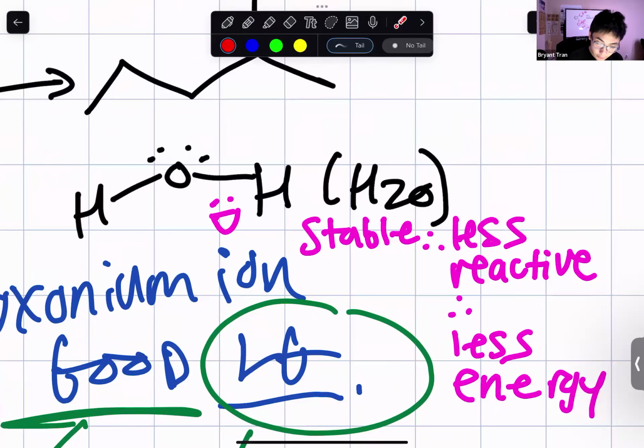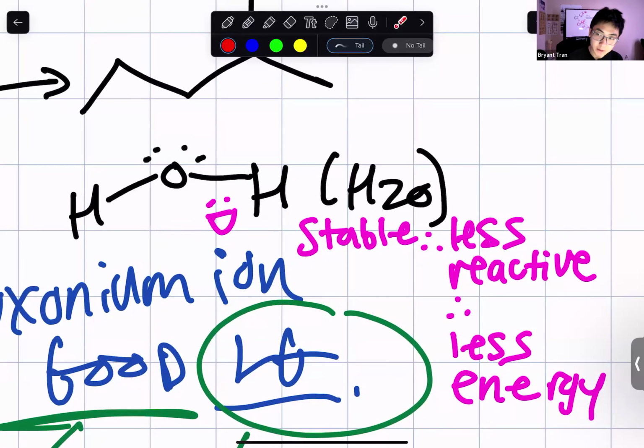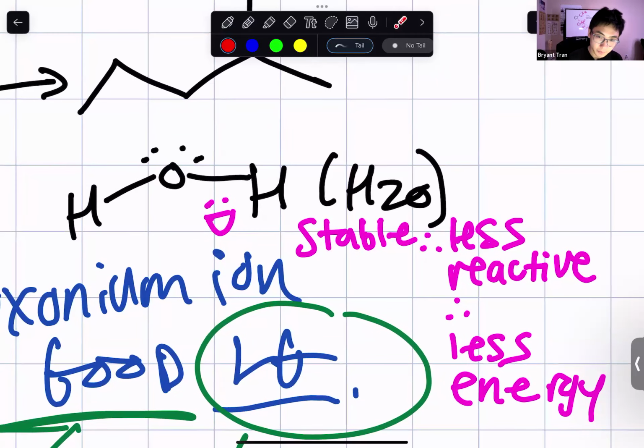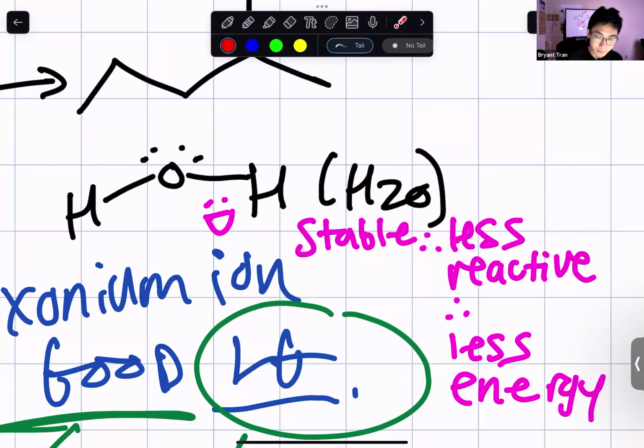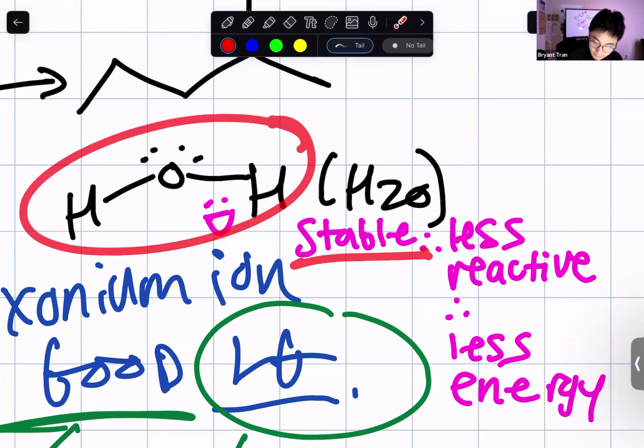And ranking questions, if she tells you to determine which molecule is more stable versus which molecule has more energy, that's different because stability and energy are inversely related. The more stable a molecule is, the less energy it has.